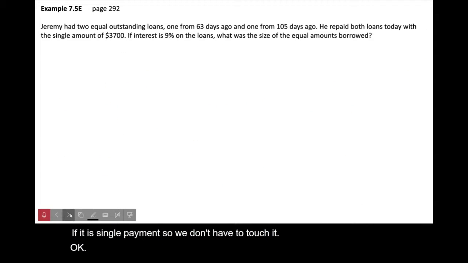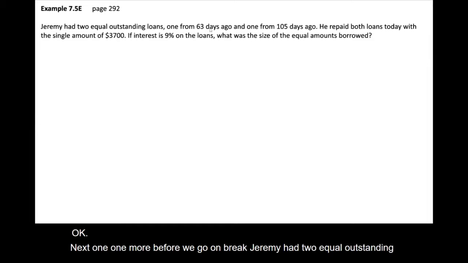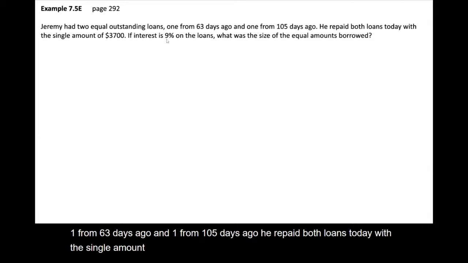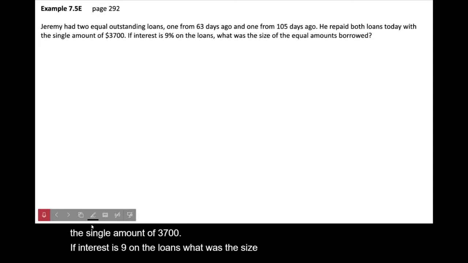Next one. One more before we go on break. Jeremy had 2 equal outstanding loans, one from 63 days ago and one from 105 days ago. He repaid both loans today with a single amount of 3,700. If interest is 9% on the loans, what was the size of the equal amounts borrowed?